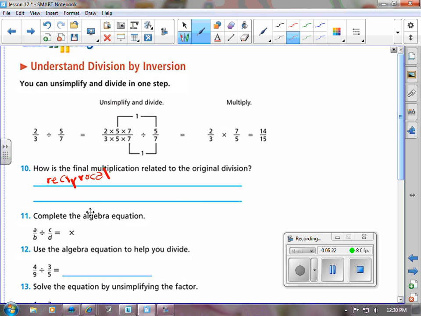It would be like saying that A over B divided by C over D is the same thing as A over B times D over C. So all we have to do is flip them and multiply. 4/9 times 5 over 3, which is 20 over 27. Alrighty.